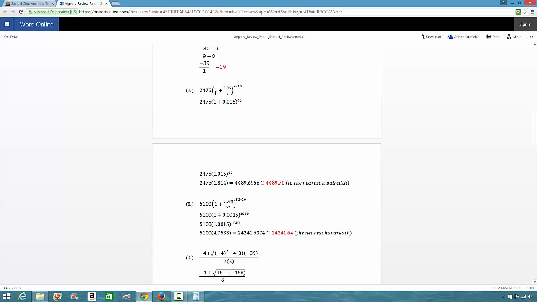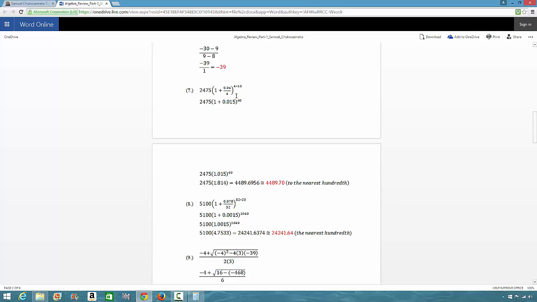Question 7, you have a multiplication here. When you have parentheses like this, it means multiplication. 2475 times, then you have a parenthesis. Inside the parentheses, you have 1 plus 0.06 divided by 4. So inside the parentheses, you have an addition and a division.